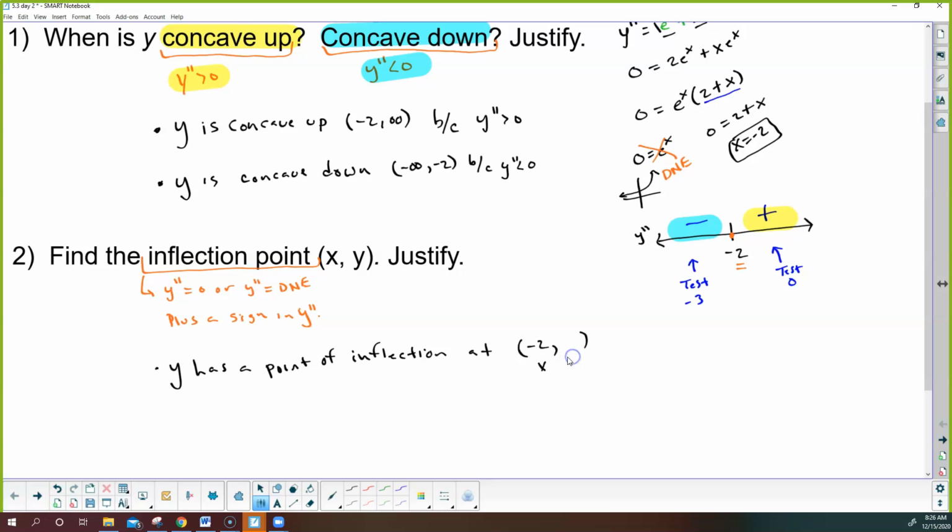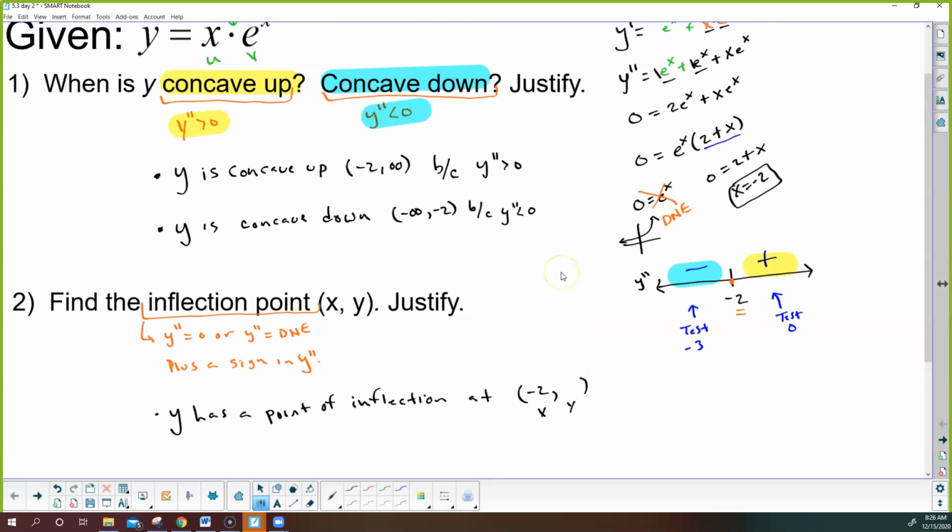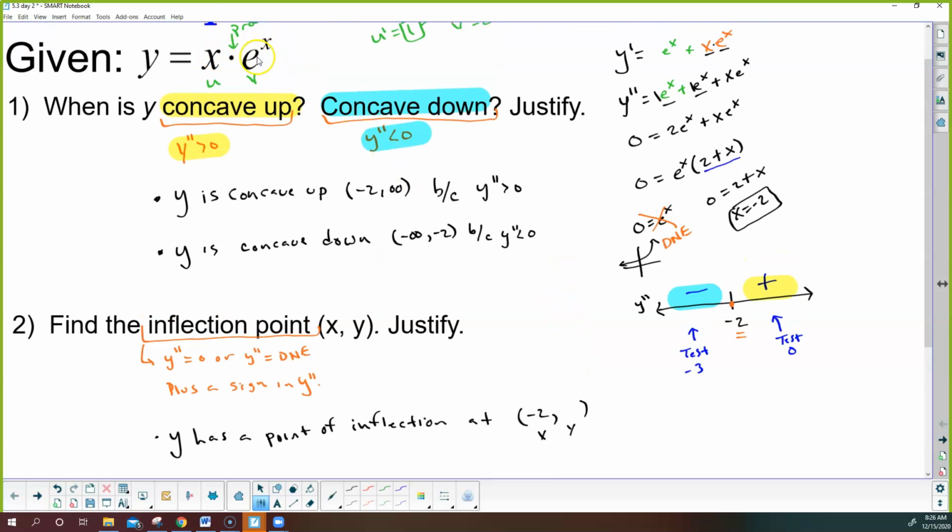What I then have to do is find that Y value. And notice, XY. Y is the original function. So I just got to go back up to the original function, and plug in -2. So -2 e to the negative 2, which if this was a multiple choice answer, this would be completely acceptable, but if it was multiple choice, they would rewrite it with that negative in the denominator.